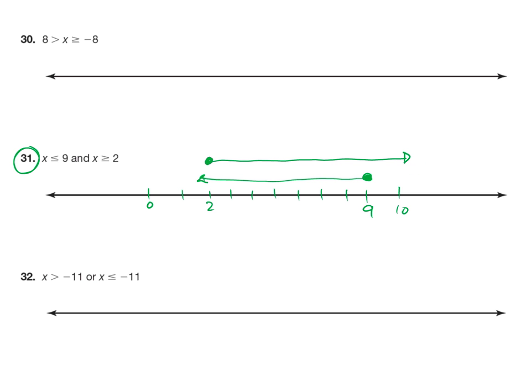Now, when I look at what they share in common, I've got a closed boundary point here and this closed boundary point here, and x's are those things that are in between. So all of these x's in between satisfy both parts of this inequality, right? All of these values are both greater than or equal to 2, and less than or equal to 9.